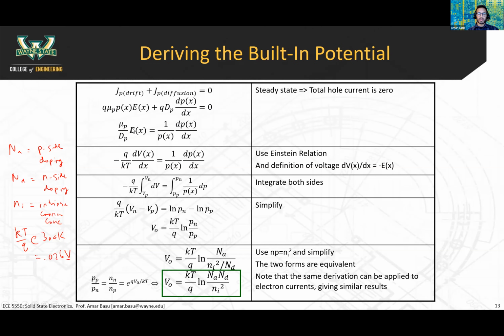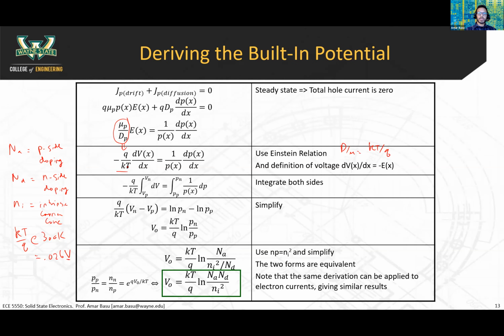And then we come up with this just by moving things over to the other side. So at this point, we use the Einstein relationship. This Einstein relationship, remember, is D over mu equals kT over Q. And so here you can see that you have the inverse of a D over mu here. So that, using the Einstein relationship, becomes kT over Q inverted.